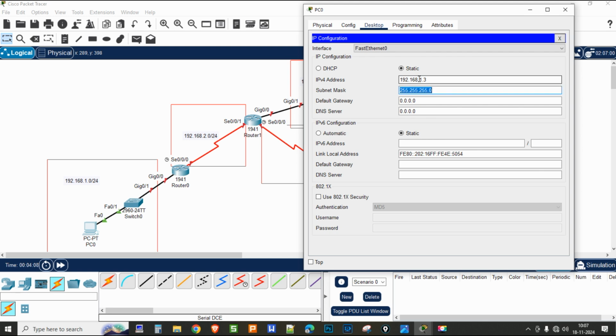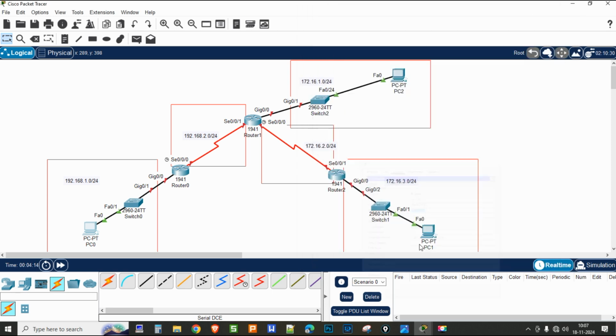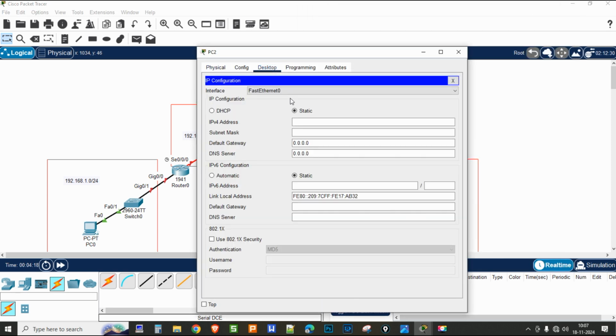192.168.1.3 followed by subnet mask. Then the gateway is 192.168.1.1, followed by 255.255.255.0.